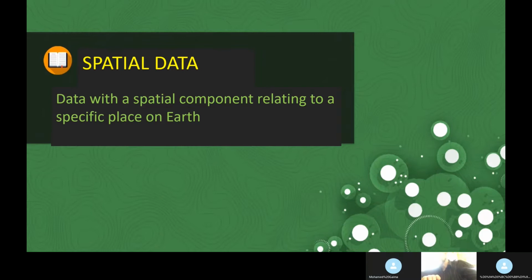Spatial data. Scientists say that maybe 80% of all data around us have a spatial component, have spatial coordinates, and it is possible to put these data on a map.